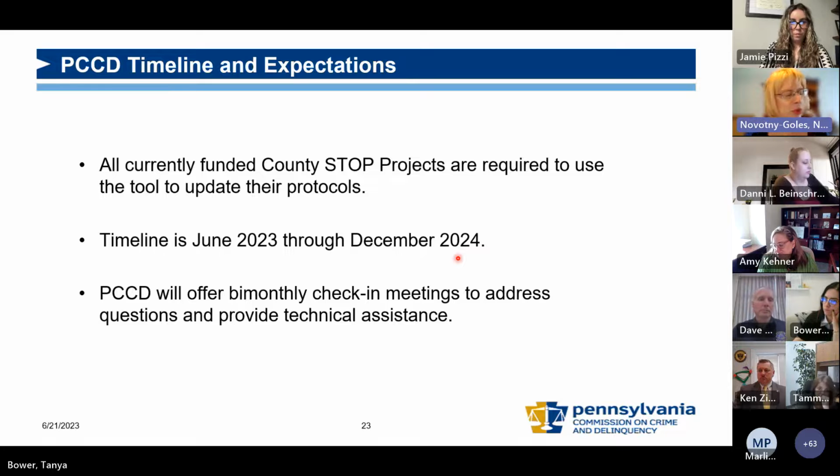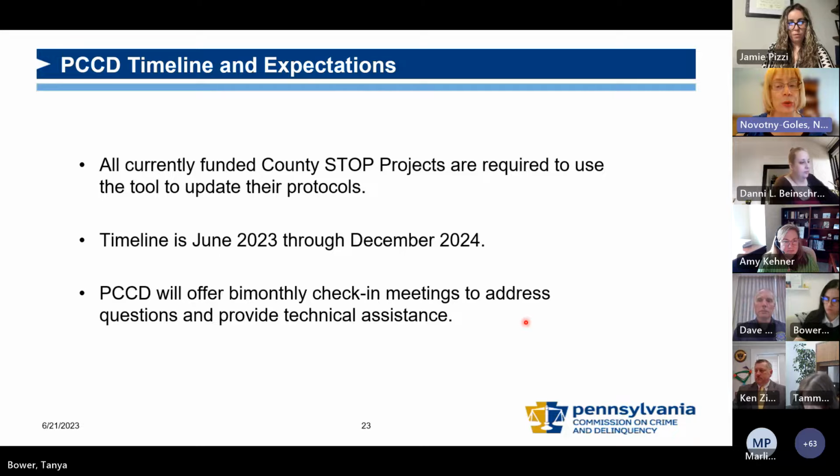And what I want to make clear is that we are requiring county STOP recipients to use the STOP protocol development guides as a way to update their current domestic violence and sexual assault protocols. We do not require that your protocols be completely rewritten to look exactly like the guides that we're going to be introducing.